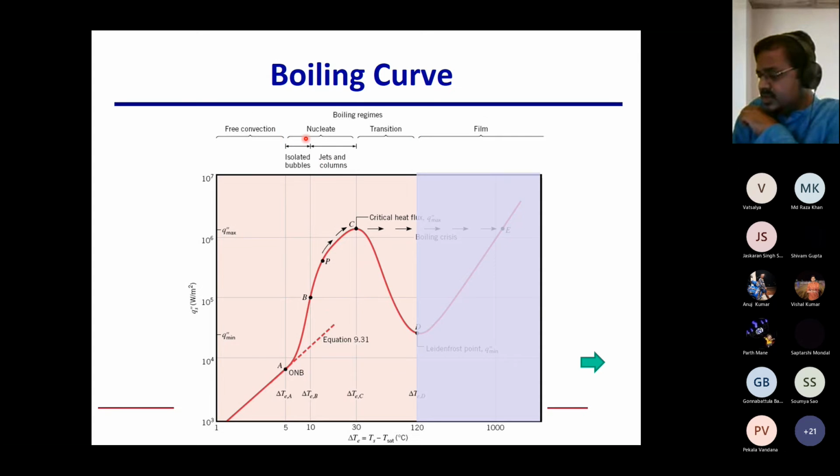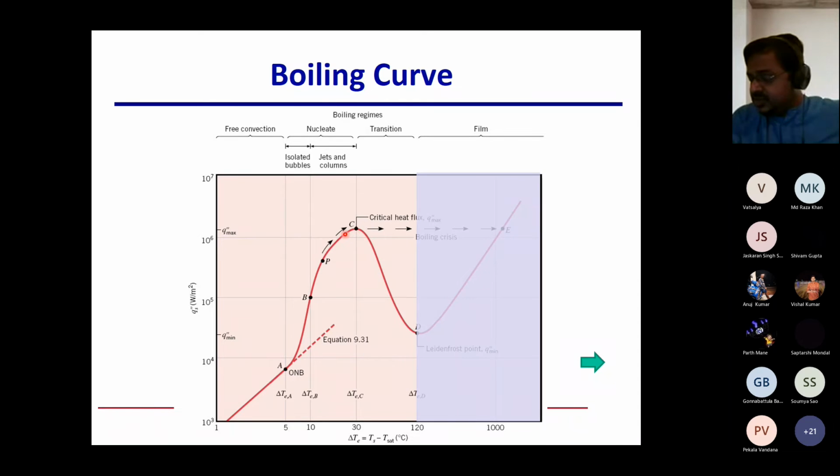Earlier it was natural convection, then you have nucleate boiling. This is where you get the maximum heat transfer, slowly increasing. But once the vapor film starts forming, you have a transition from nucleate boiling to film boiling. During this phase, the heat transfer rate starts coming down.